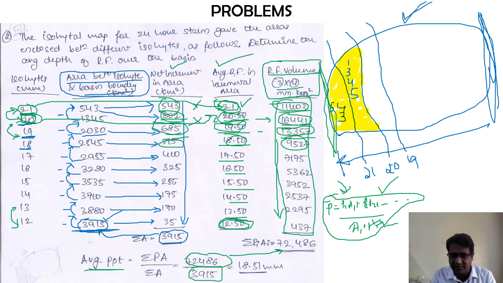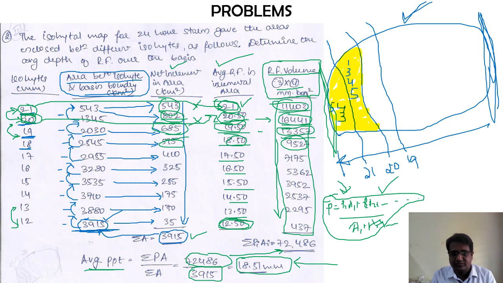The total area you calculated in the third column is 3915 square kilometers. If you divide that, you end up with the average precipitation over this entire area, and for this problem it is 18.51 millimeters. This is what is required for the average precipitation.